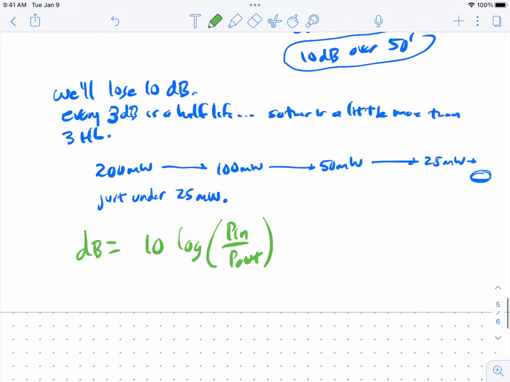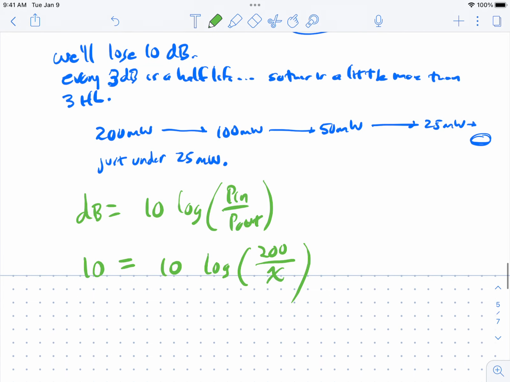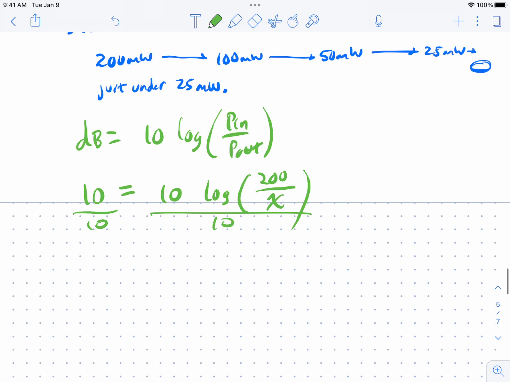Now the numbers that we have: we're going to lose 10 decibels. 10 times the log of, the P in is 200 and the P out is what we're solving for, x. So how are we going to do that? Well, first thing to do is get the logarithm by itself. If I divide both sides by 10, I'll have 1 is equal to the log of 200 over x.